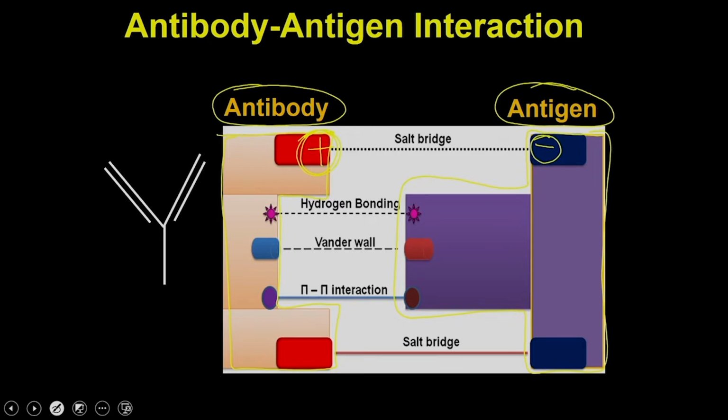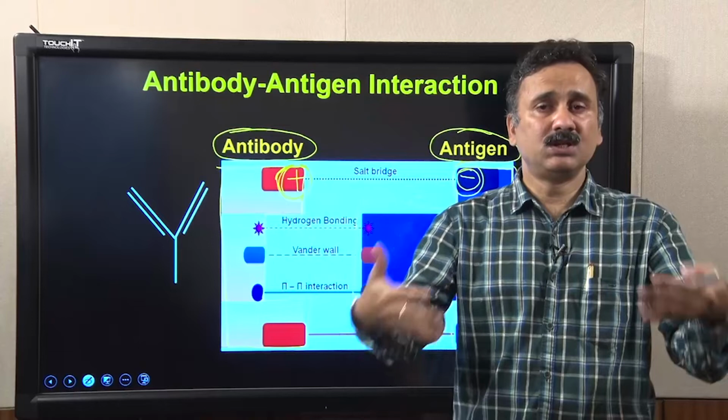Even if the 3-dimensional structure of an antibody and the antigen is matching, if the positive residues present in this site do not find a negative residue on the antigen, it is not going to allow this particular antigen to bind.